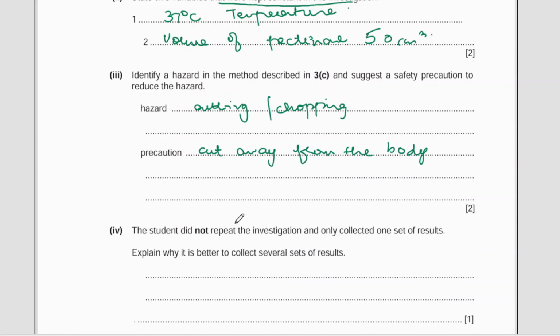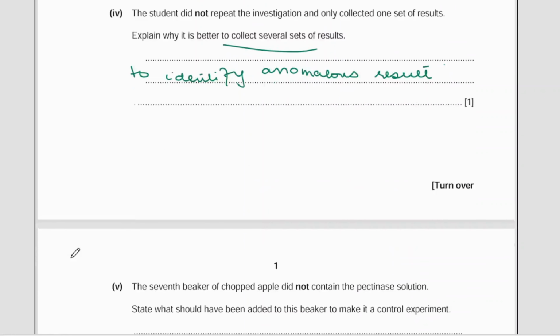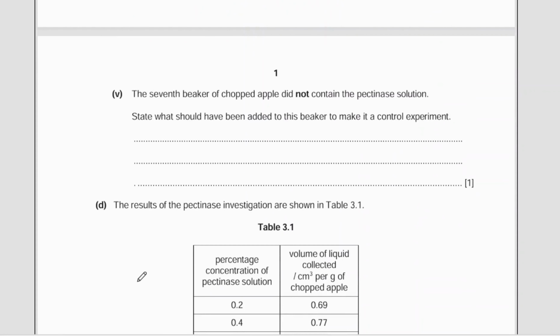Okay, the student did not repeat the investigation and collected only one set of results. Why is it better to repeat the experiment? Good, to identify anomalous results. Okay, the next question: the seventh beaker of chopped apples did not contain the pectinase enzyme.